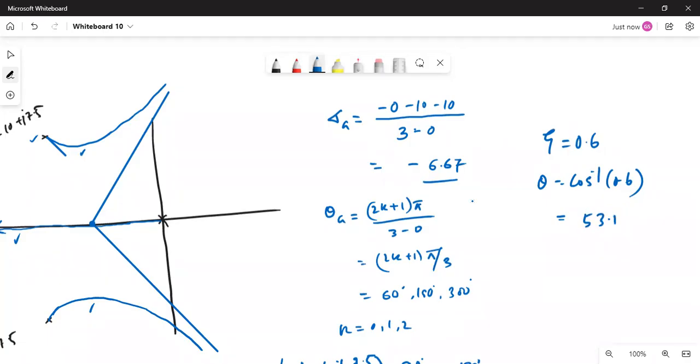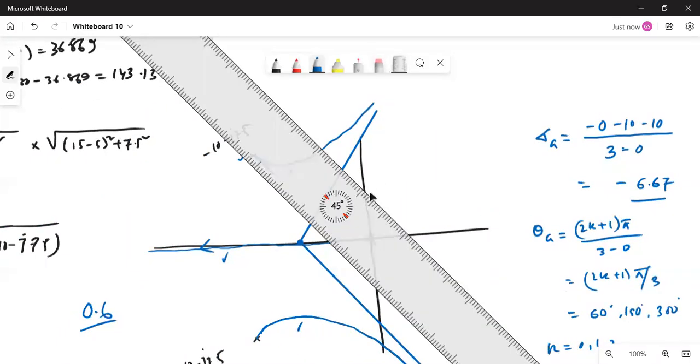So now your 180 degrees minus 53.13 will be around 126.87. So the 126.87 line you have to draw.